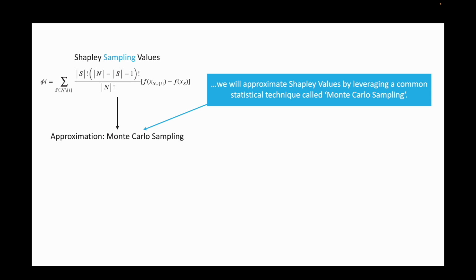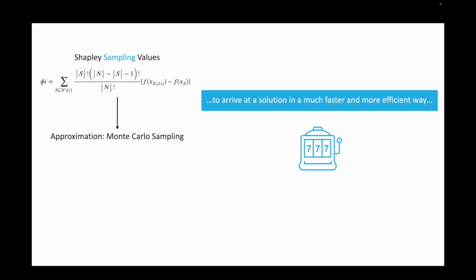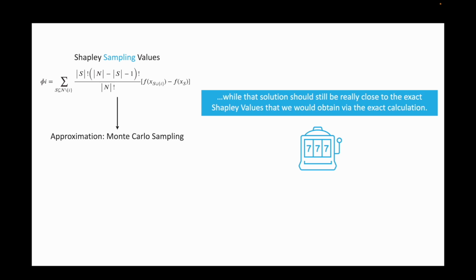we will approximate Shapley values by leveraging a common statistical technique called Monte Carlo sampling. The main idea here is to repeatedly draw random sample values to arrive at a solution in a much faster and more efficient way, while that solution should still be really close to the exact Shapley values that we would obtain via the exact calculation.